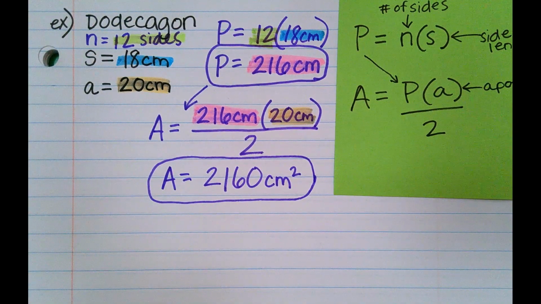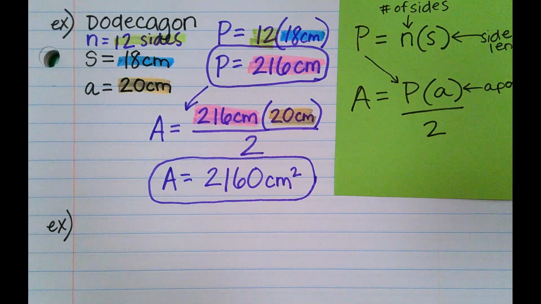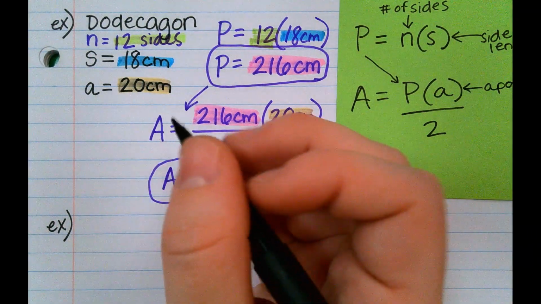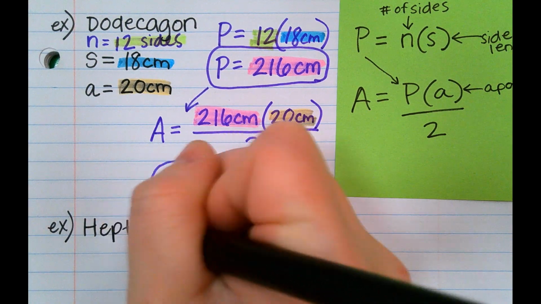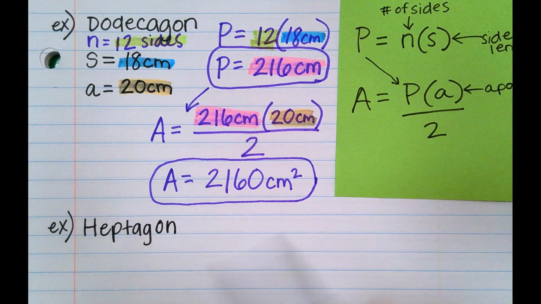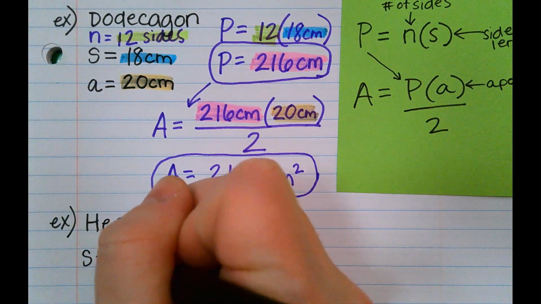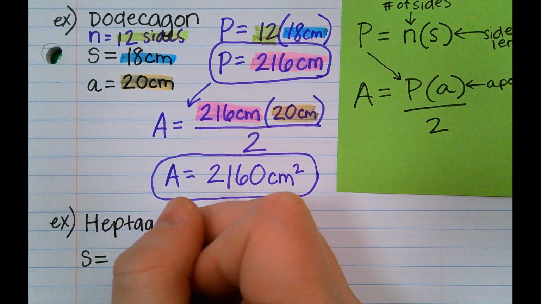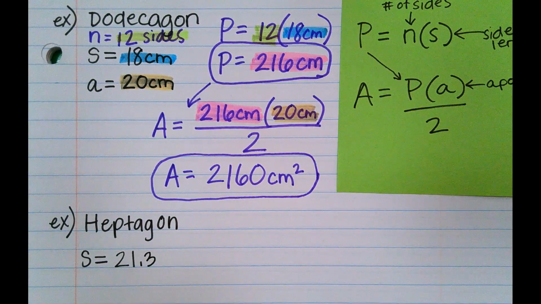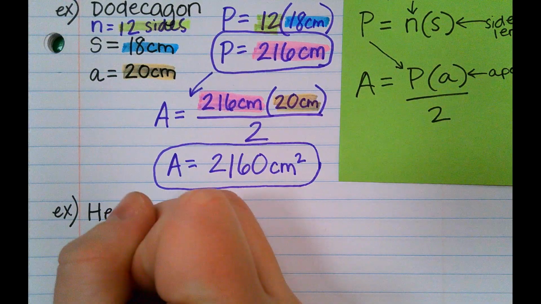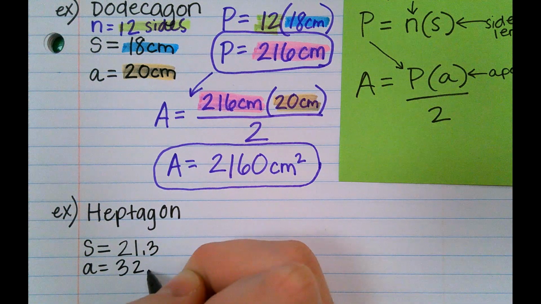This time I will give you a heptagon with a side length of 21.3 and an apothem of 2.5.